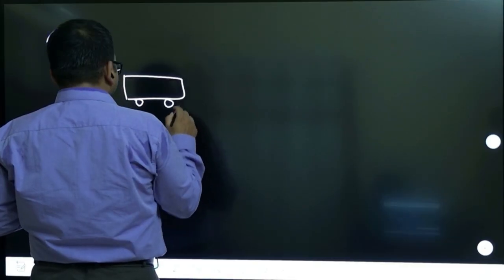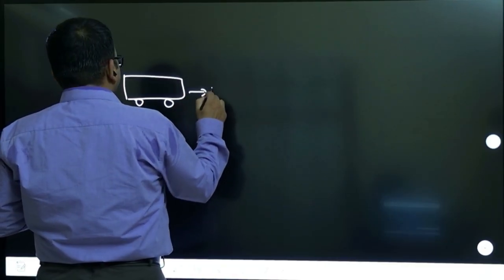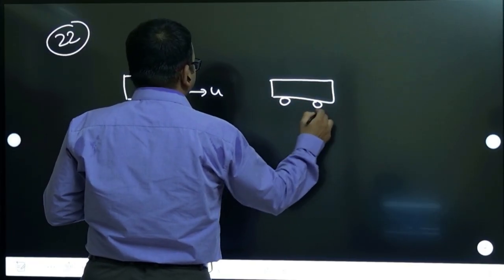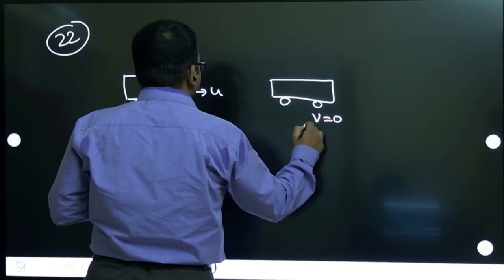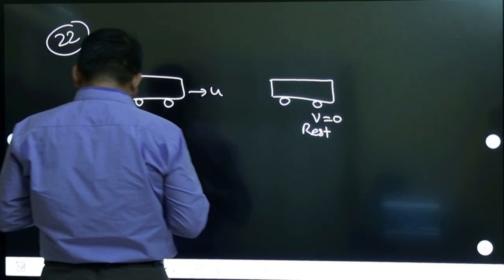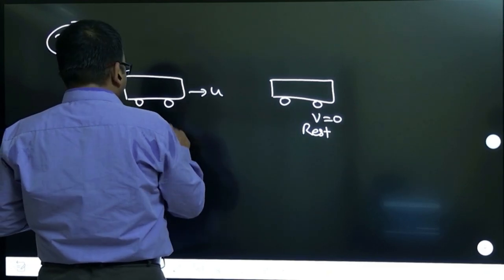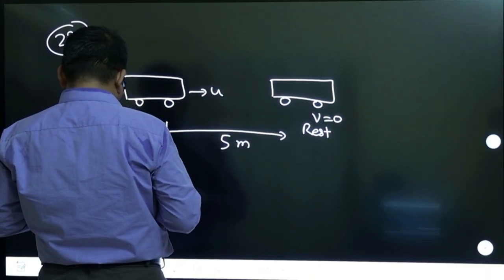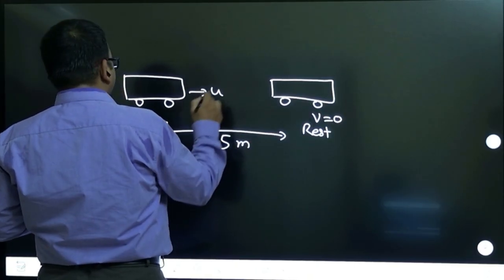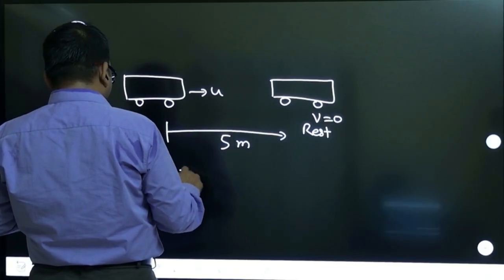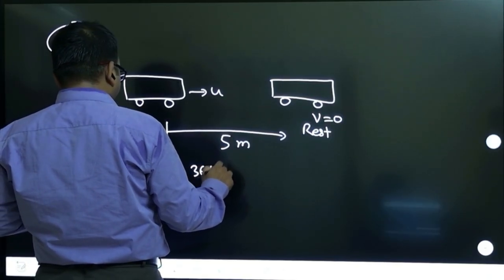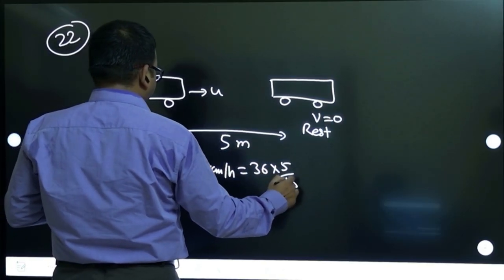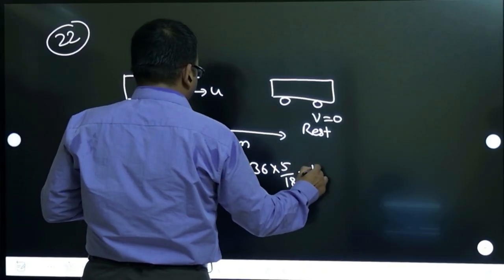The body was moving with some velocity and finally stops because the brakes are applied, so final velocity is 0. The initial velocity is 36 kilometers per hour, converted by multiplying by 5/18, which becomes 10 meters per second.